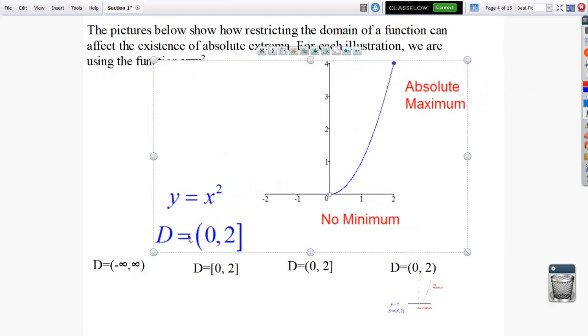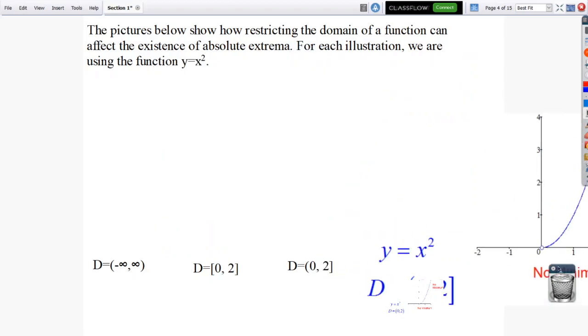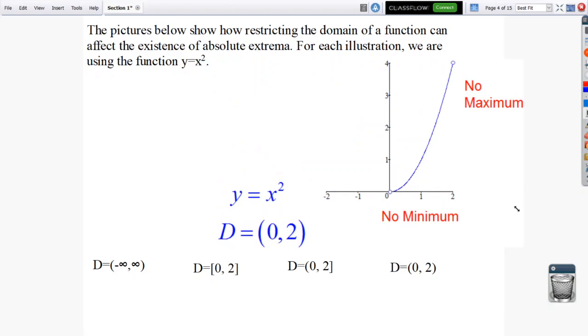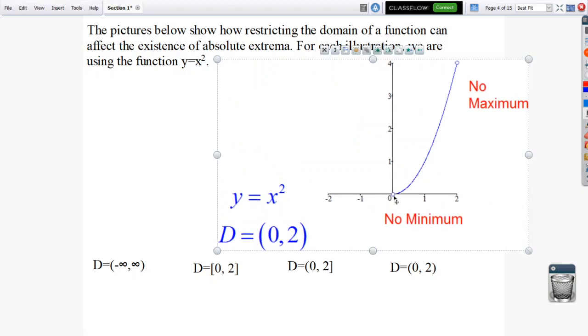So in this case, where I have this open domain, I have no minimum. Those open circles will not be minimum values. And just because I wanted to toss it in there, let's say I make both endpoints open. If both endpoints are open, then there's no minimum and no maximum, because again, those are open circles.